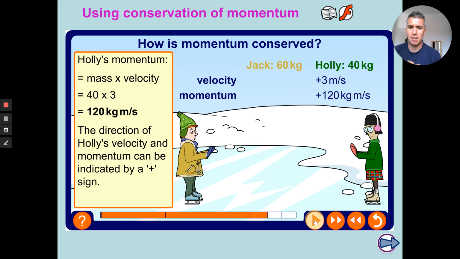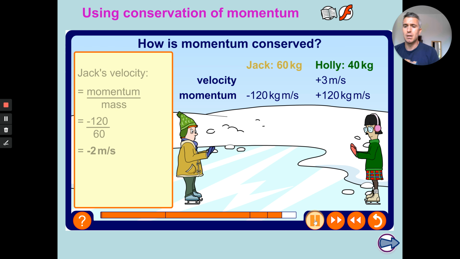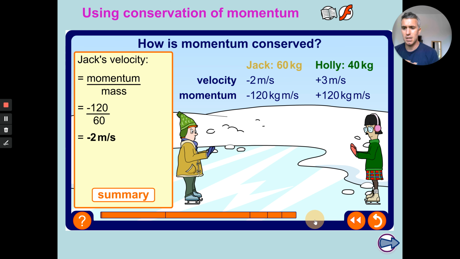It has to be, because if you add 120 to minus 120, you get 0. And that's fine, because at the start they had 0, so they have to have 0 at the end. So his has to be minus 120. Well, you do a bit of rearranging. 120 divided by 60 gives you 2 meters per second.